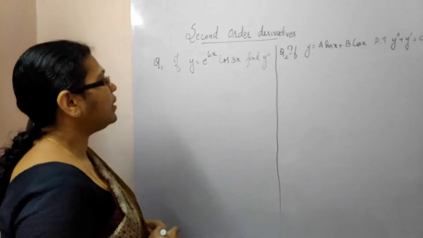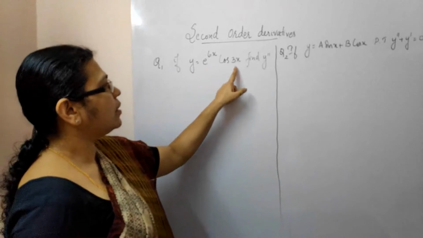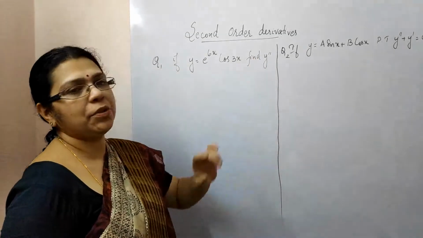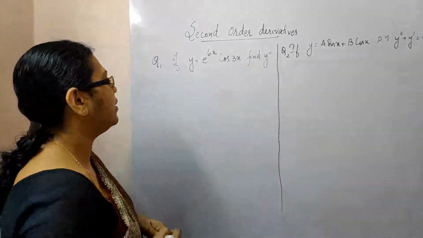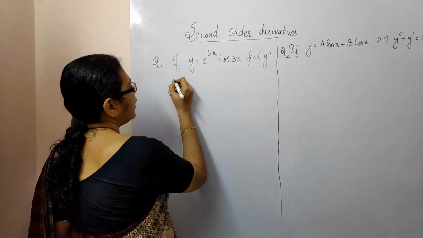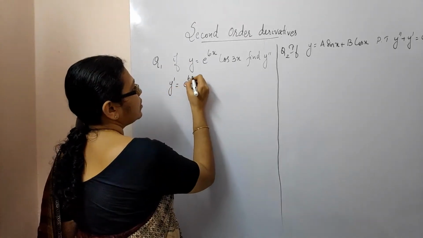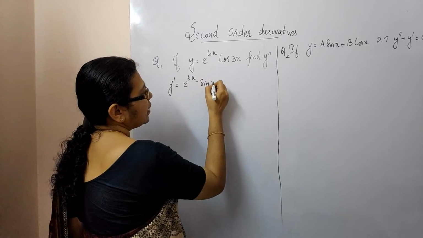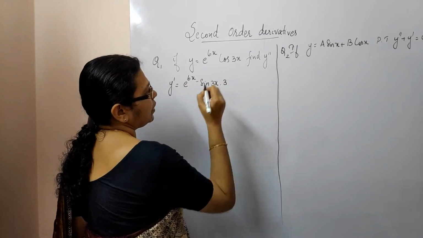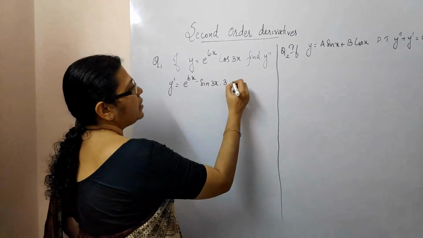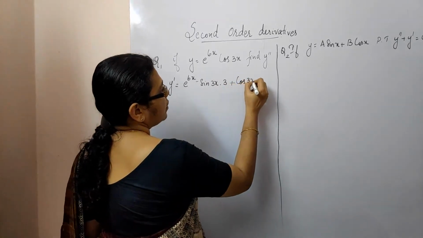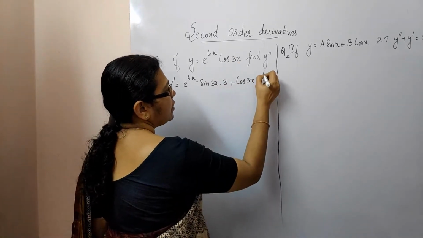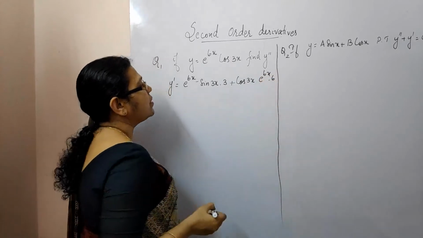Now let's see another question. Okay, if y is equal to e raised to 6x into cos 3x, find y2 dash. That is the second order derivative. So what is our y dash? First function e raised to 6x into derivative of cos 3x, which is minus sin 3x into 3, plus cos 3x into derivative of e raised to 6x, which is 6.